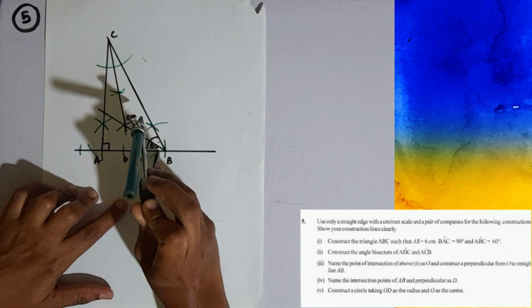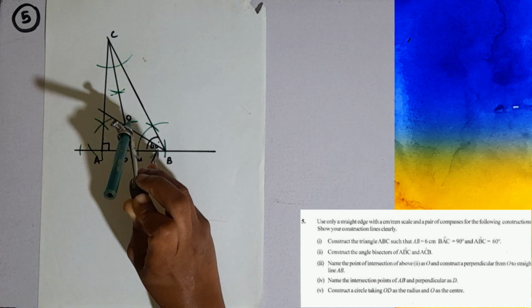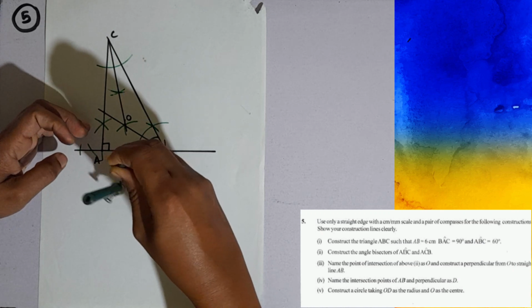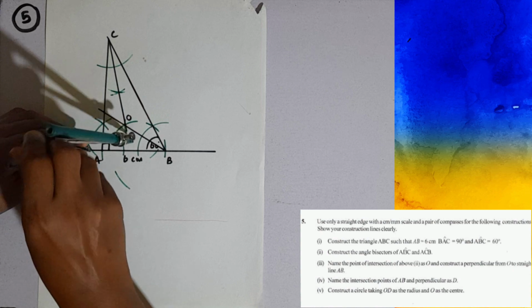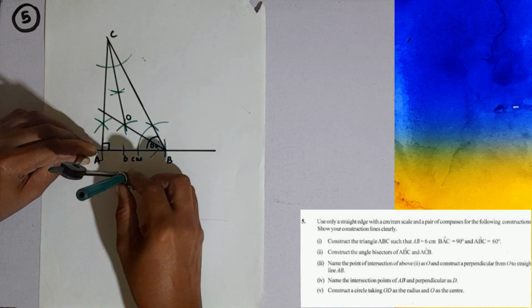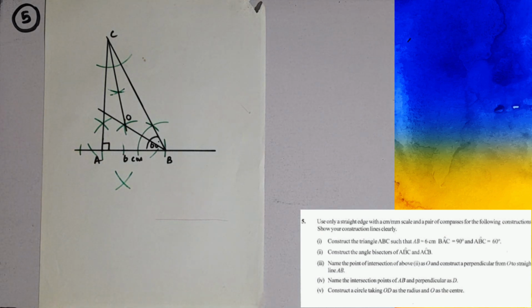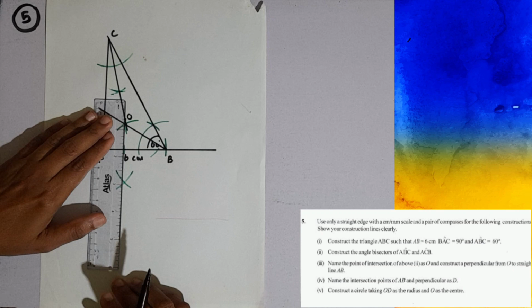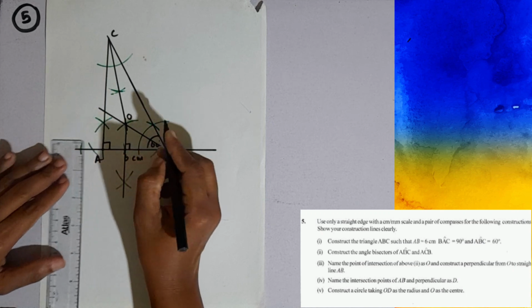Then keep it here and draw an arc. Then without changing this distance, keep it on the other arc and draw another arc by intersecting the first arc. Now this intersecting point and O point should be joined. This is the perpendicular to AB.